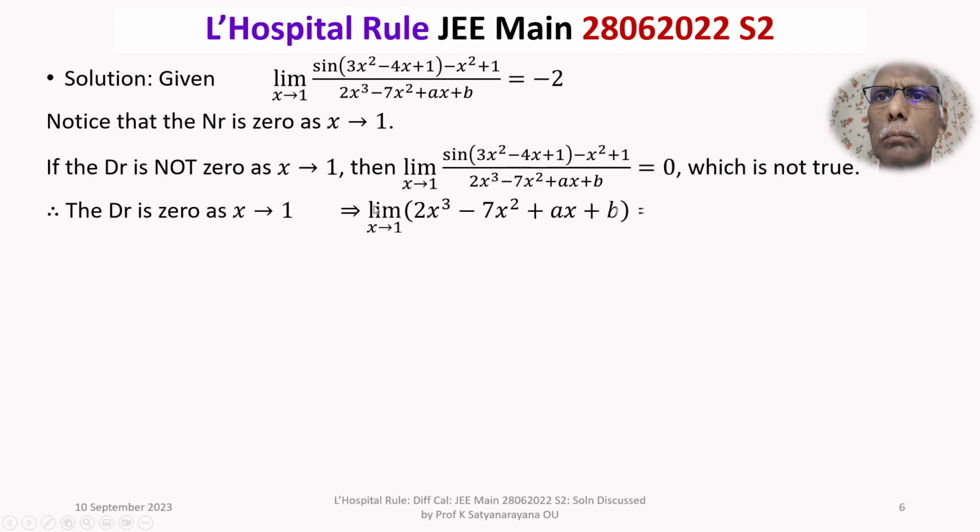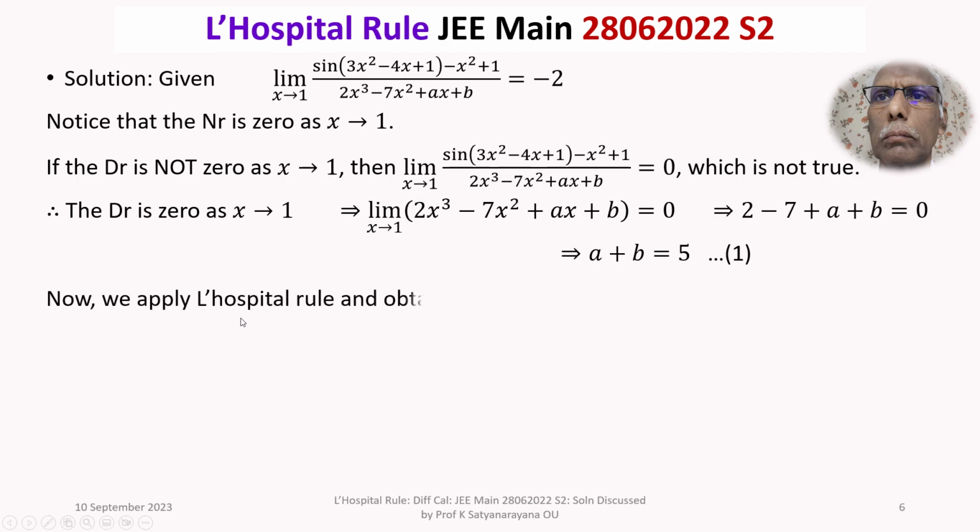That means the limit of the denominator 2x³ − 7x² + ax + b is equal to 0. Taking the limits, we get 2 − 7 + a + b = 0. This implies a + b = 5. Let's call this relation 1.